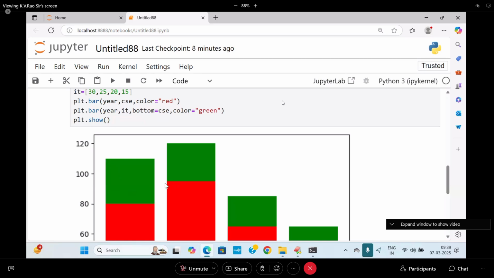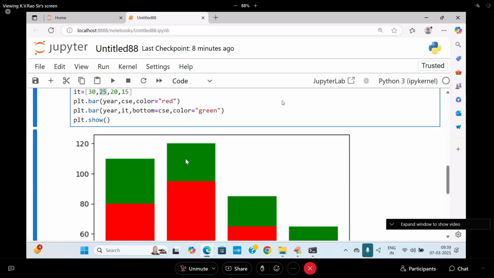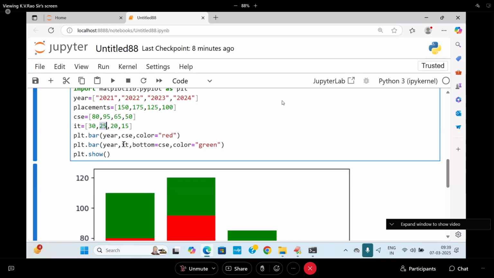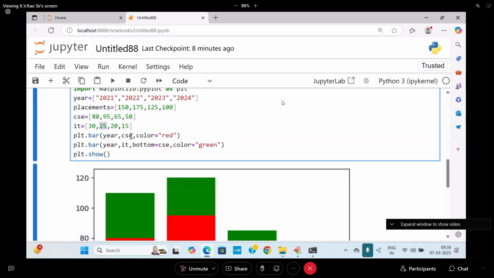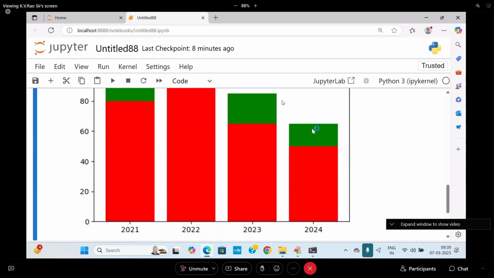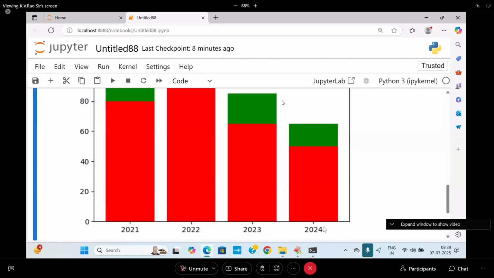Next is 95, and on top of 95 the green partition, known as IT, is 65 and then 20. Next is 50 and 15.